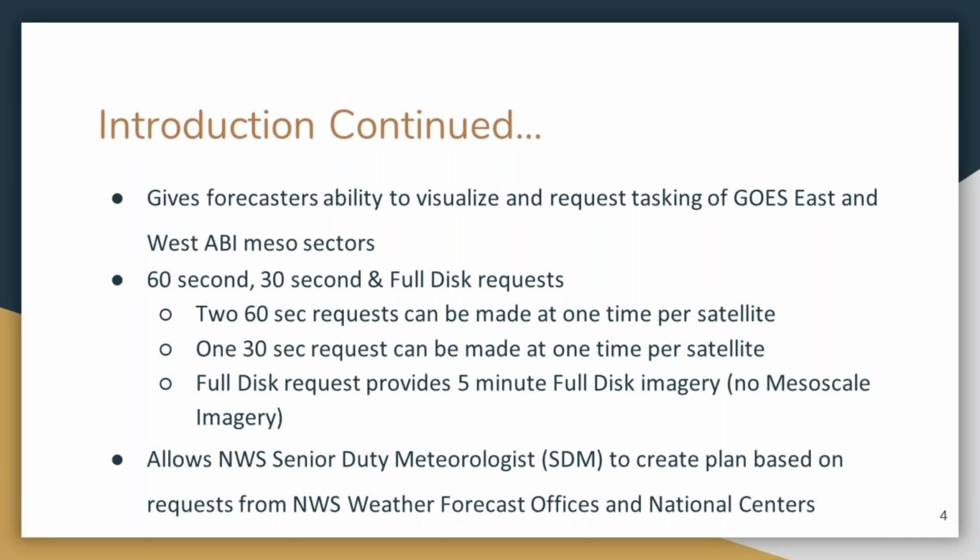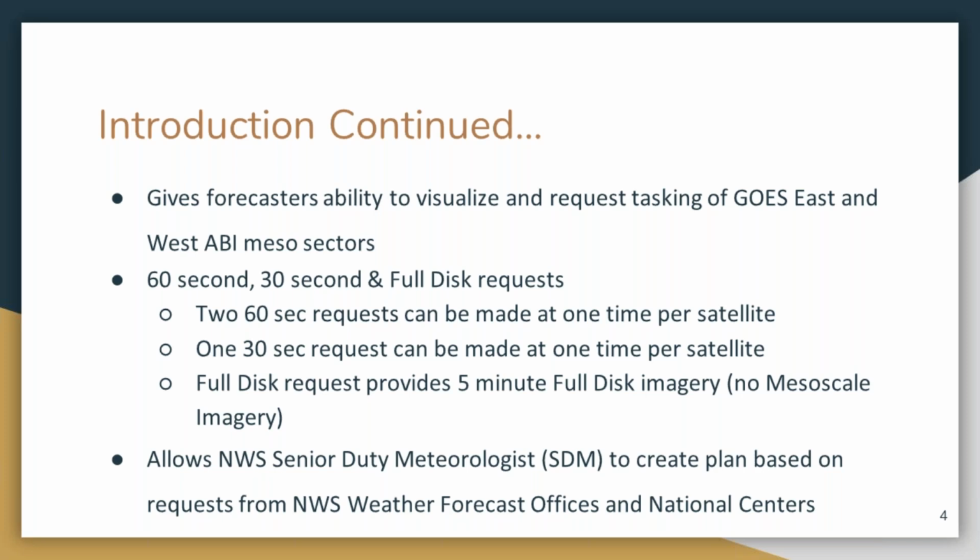You can also get a different mode where you take the mesoscale capability away and put the entire satellite into it, and you give up CONUS. So instead of 10-minute full disk and 5-minute CONUS and the 2 mesoscales, you get 1 full disk image every 5 minutes. So the tool allows for those selections to be made and the timing of those selections to be made and the justification for why you need those selections to be made.